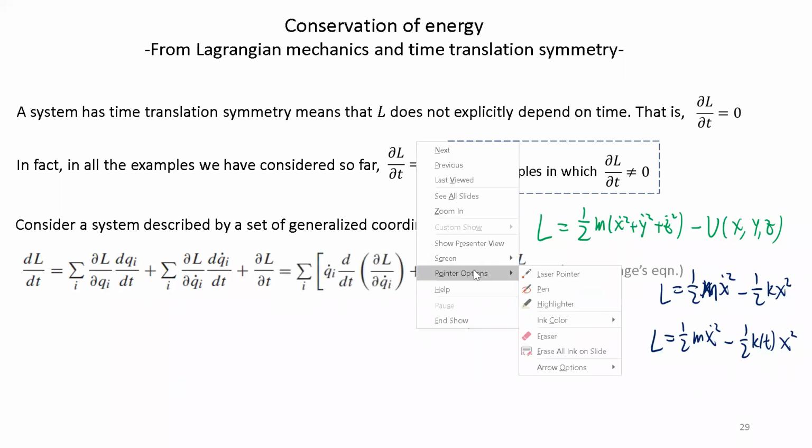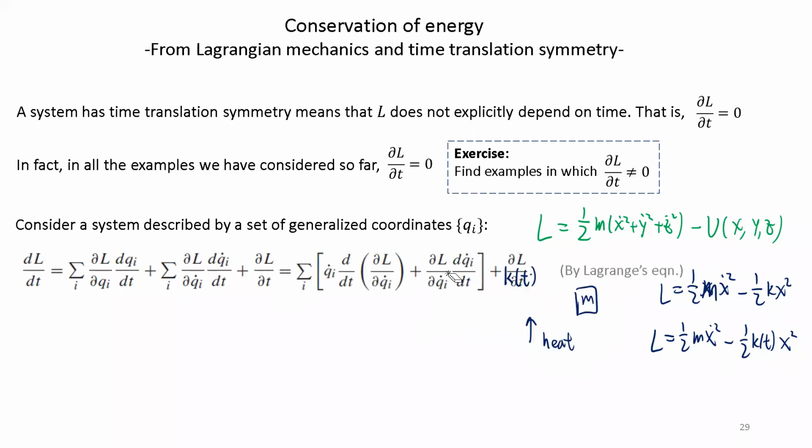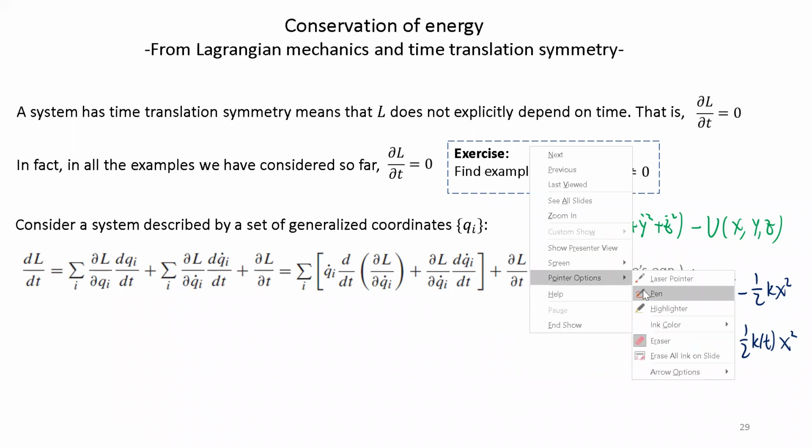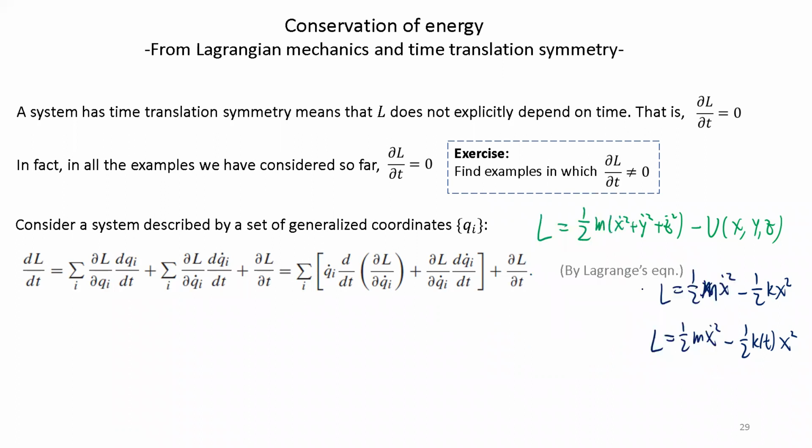Let me erase something. So this line is nothing but the basic definition of the total derivative. And why do I want to start from here?